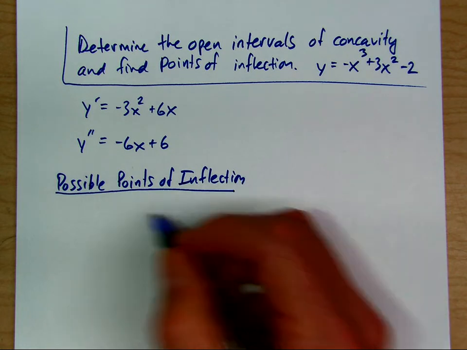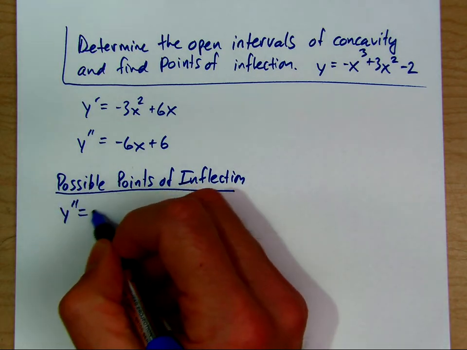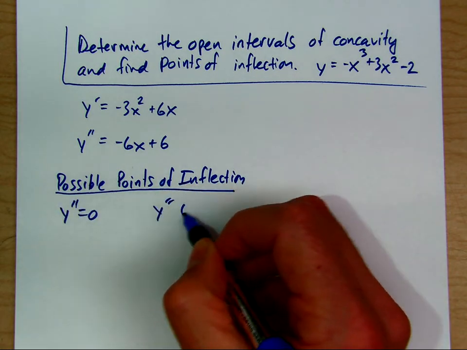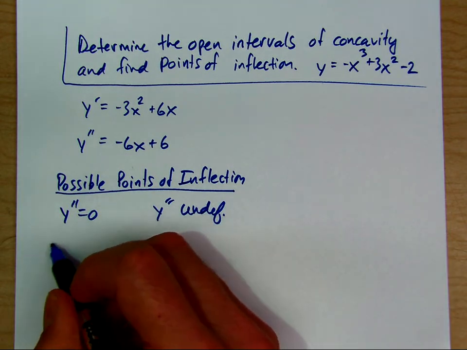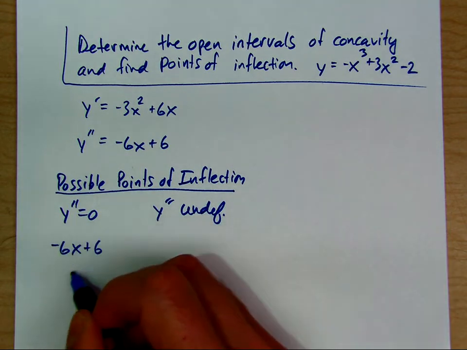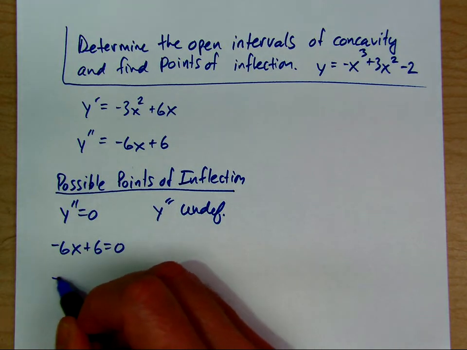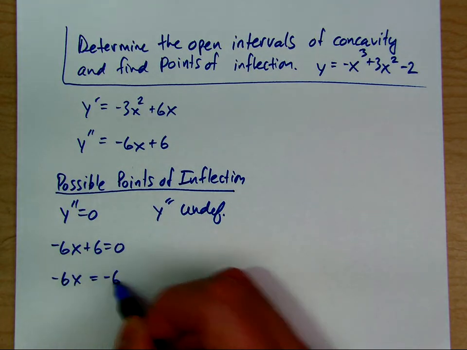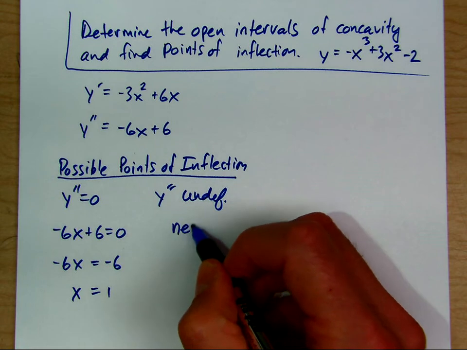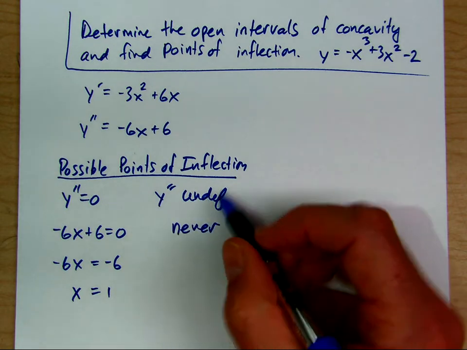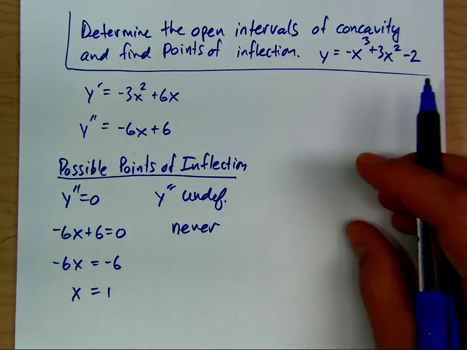Possible points of inflection are when the second derivative is 0 or the second derivative is undefined. So the second derivative is 0, and the second derivative is never undefined because it's a polynomial.